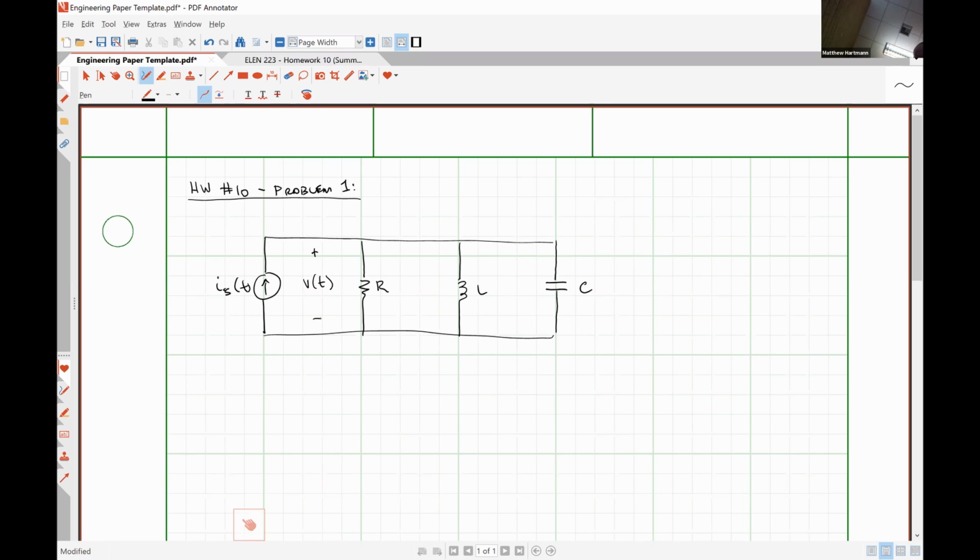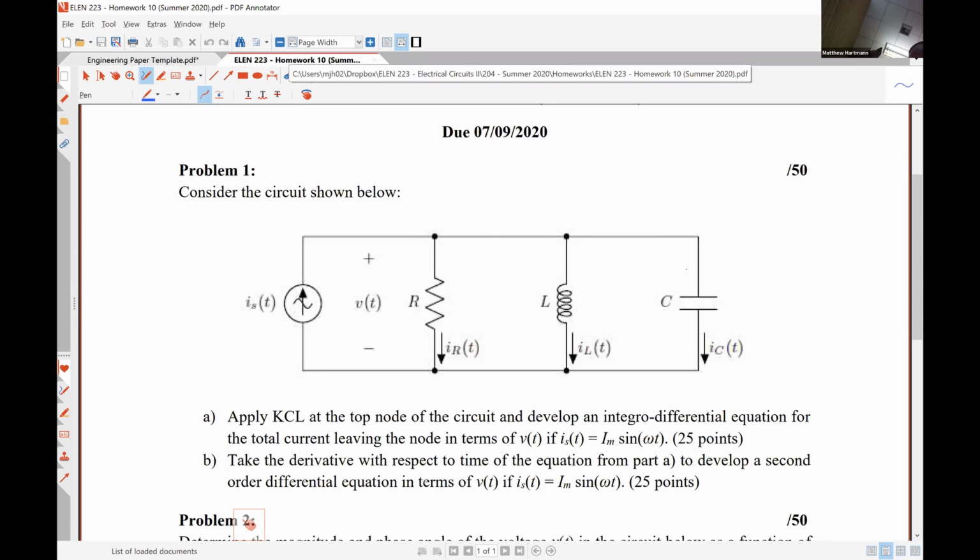So this is our circuit, and we're told that IS of t has some value, let's see, Im sine omega t.